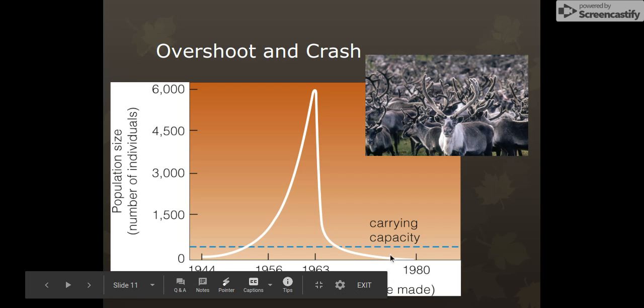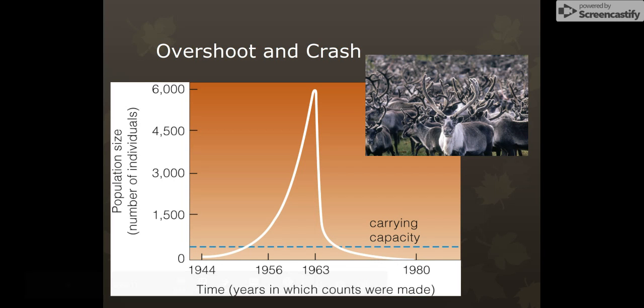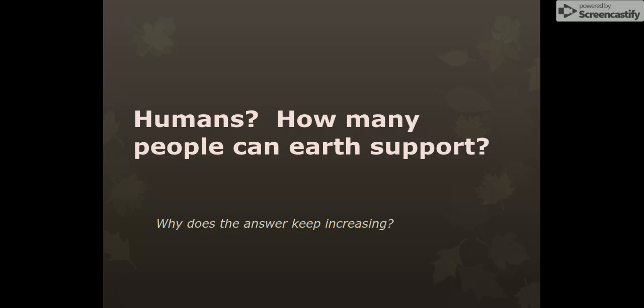And then their population could never recover from this because their environment was significantly altered because of how many reindeer there were at one time. The food availability never really bounced back. The population of reindeer couldn't bounce back. And so they died off.